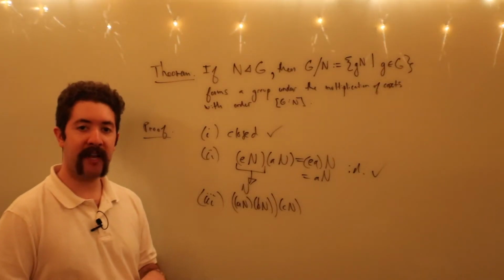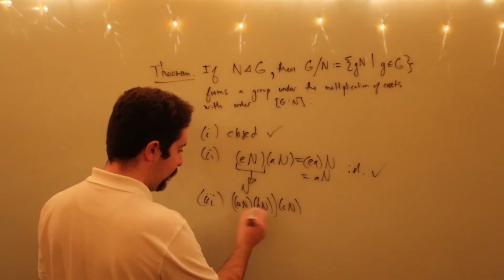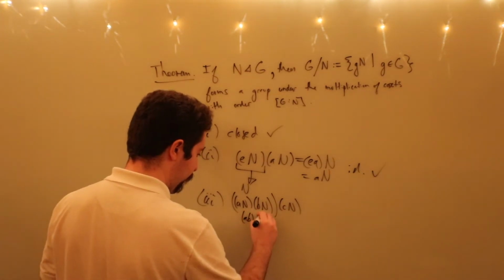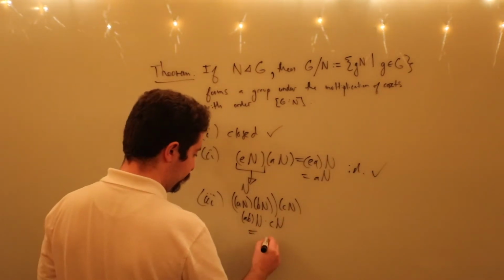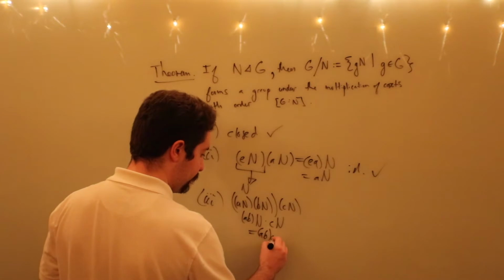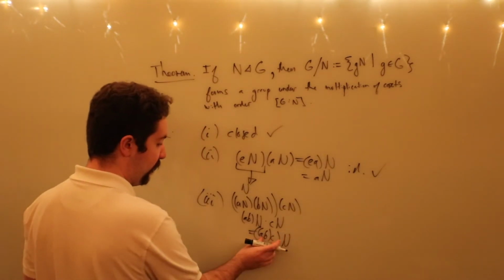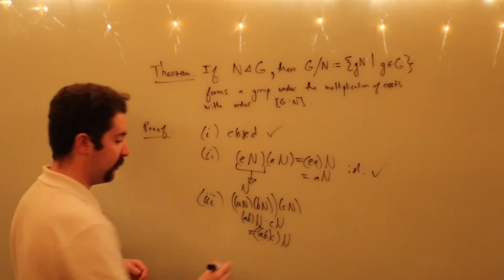The next question you might ask is, is it associative? Well, if we have aN times bN, this is equal to (ab)N times cN, and then again by our definition, this is (ab)c times N, and because a, b, and c are all elements of the group G, it's associative.